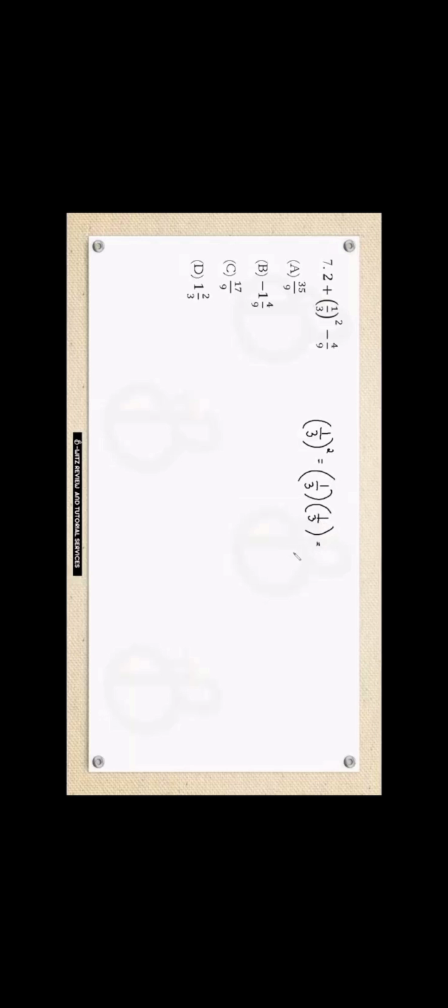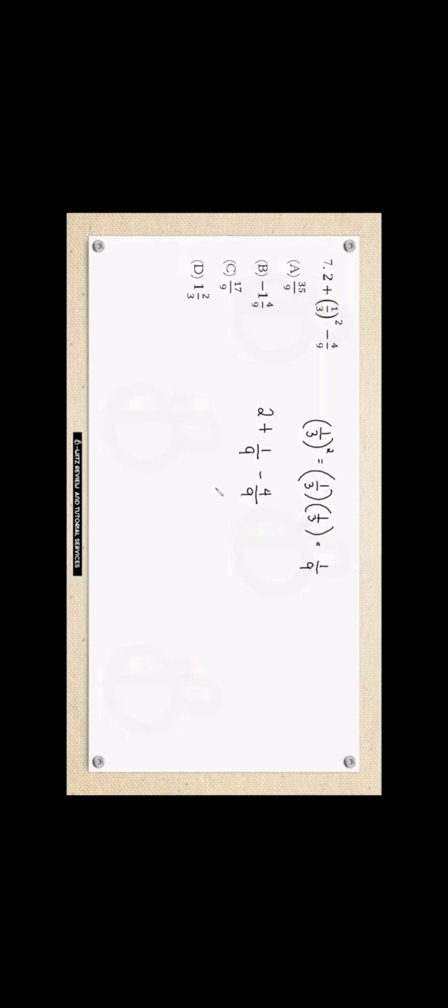And applying the rules for multiplying fractions here, we will get 1 over 9. Now, we have here 2 plus 1 over 9 minus 4 over 9. And here you can solve it from left to right since we're just given addition and subtraction operation.